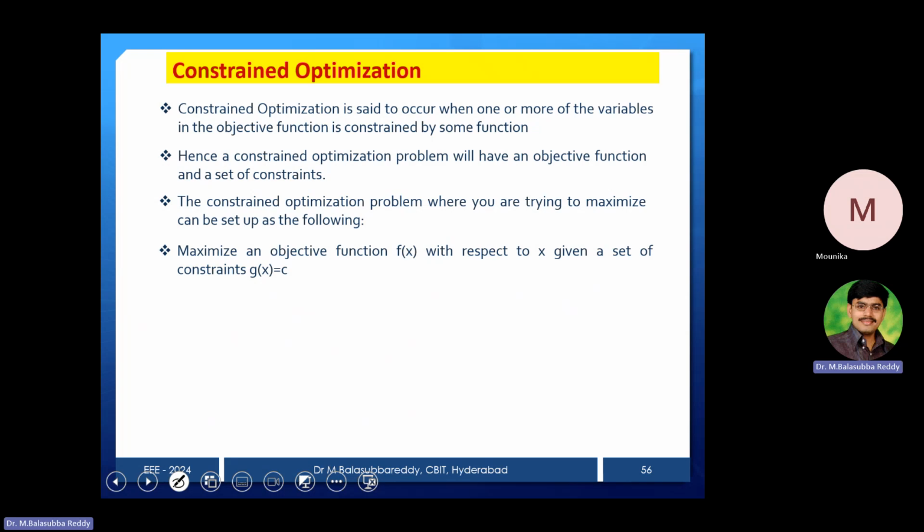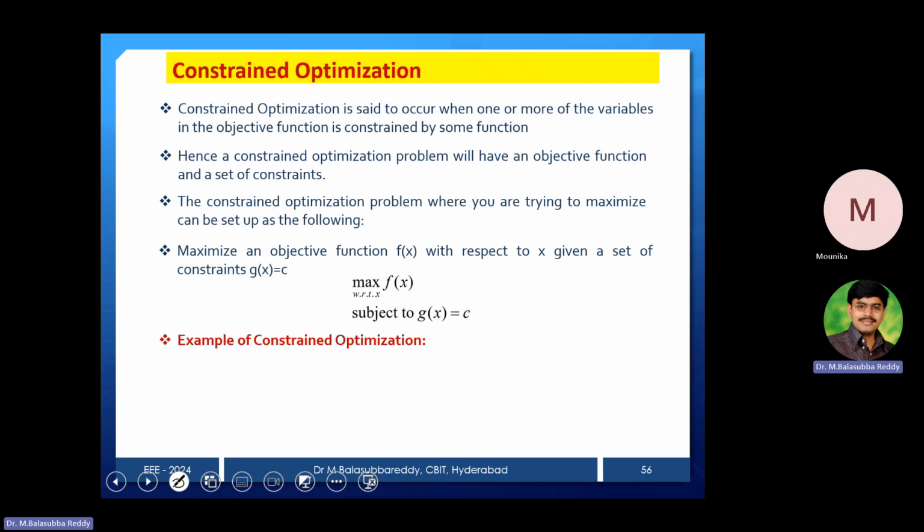Both need to be satisfied while we are solving the problem. For example, it may be maximization or minimization, anything is fine: the maximum of f of x subject to g of x equal to c.